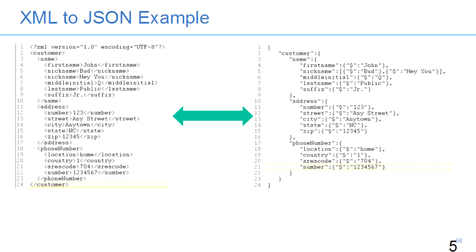The other thing that's somewhat interesting here, I threw in a couple of nicknames, so John can go by either Bud or Hey You. In this case, since I have the same element name at the same level, for nickname you get one JSON property, but then you have an array that will contain multiple objects, each with the text of that individual value.